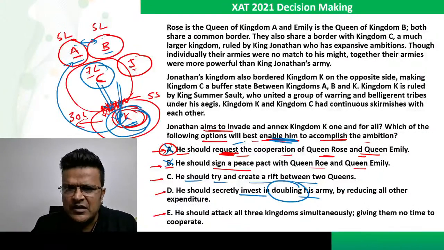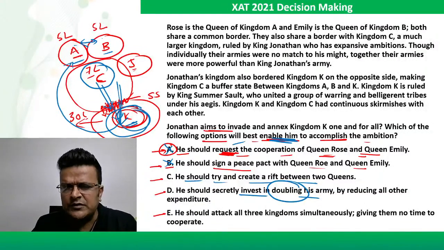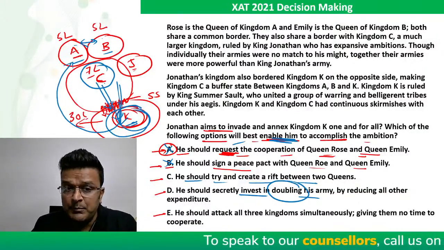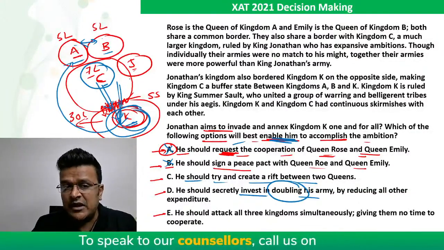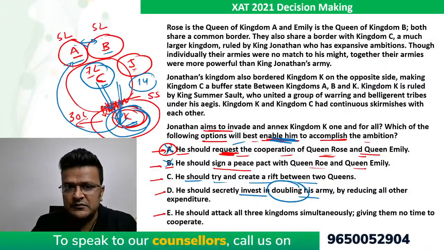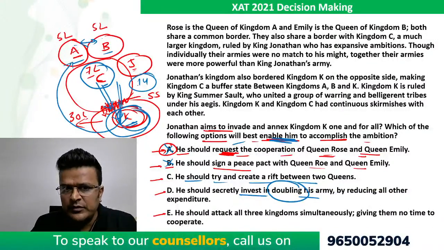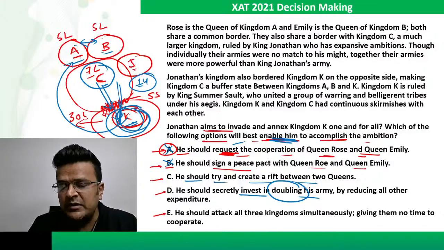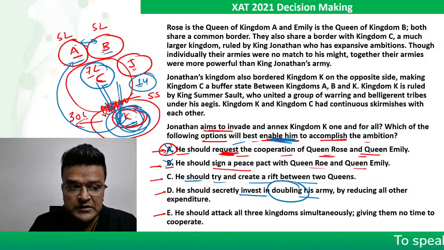Along with K's army, they can easily take care of Jonathan. Correct? You get that? But what if he doubles his army? Let's say he makes it 14 lakh. Now, with 14 lakh soldiers, there is a chance that he would be able to acquire K even if A and B come to help K. Correct? Better chance.